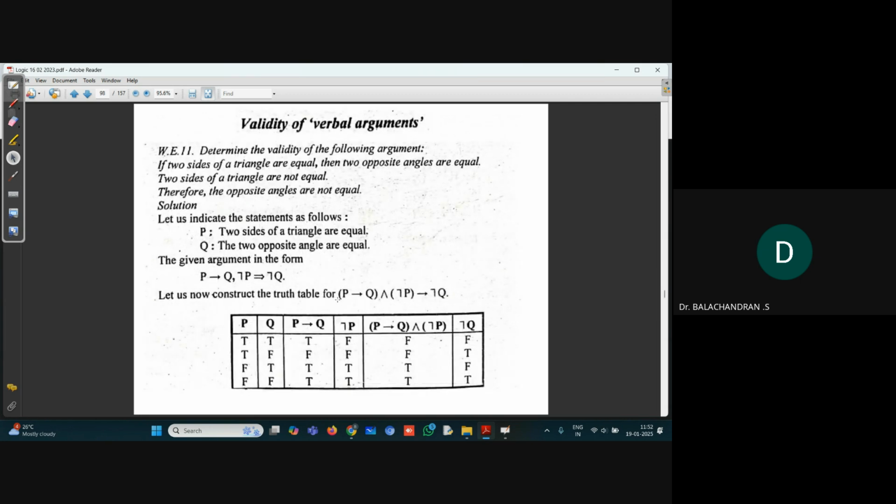Okay, now the next topic is verbal arguments. So I will stop here. Maybe in the next class I will finish verbal arguments. Already I discussed the PPT. This problem I took from the Venkatraman book. Maybe we still have 12 more slides.